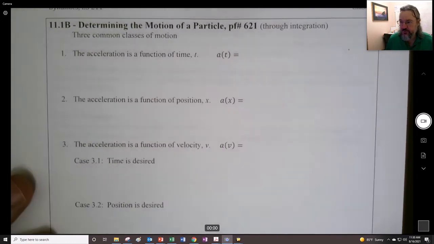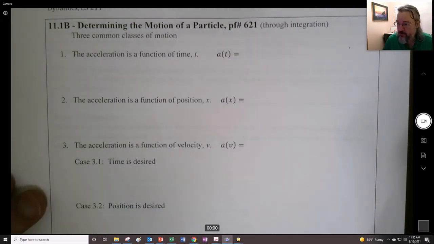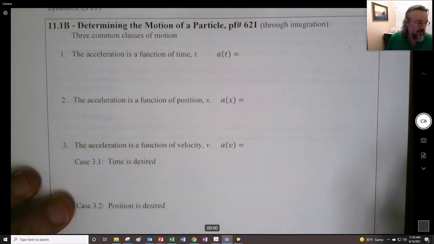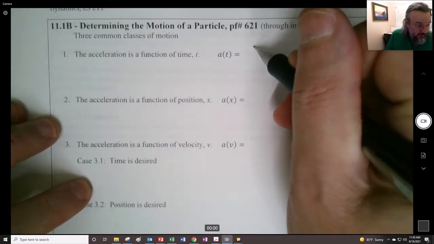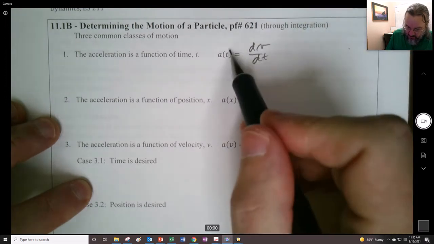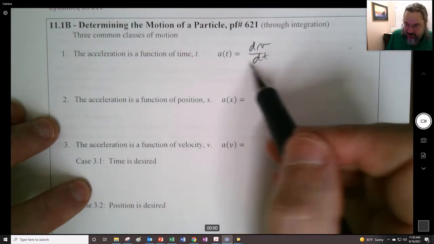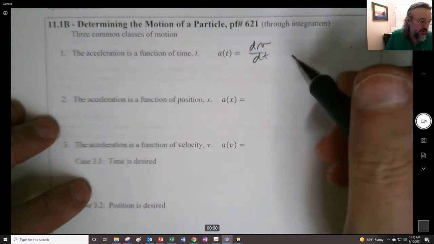Someone's given it to us, or through some type of data collection, we're able to get a function that tells us it behaves this way. So we want to find out something more about it. If we have this dv dt that we already know, we want whatever this is a function of. That's the thing we want to use as the derivative.